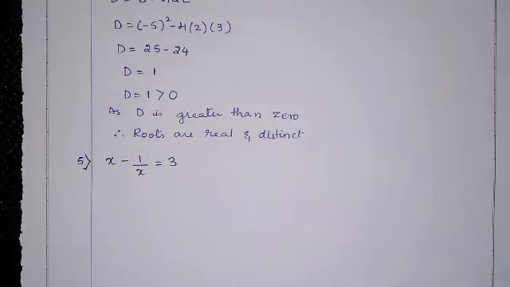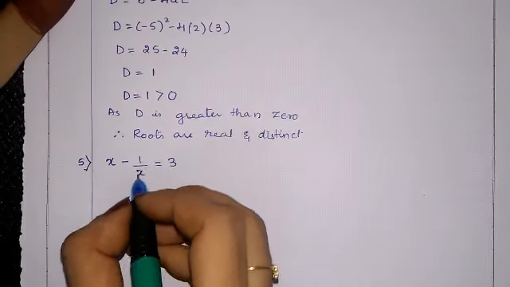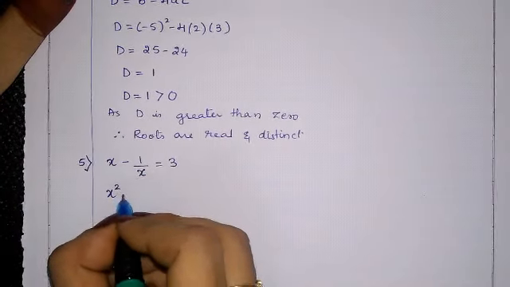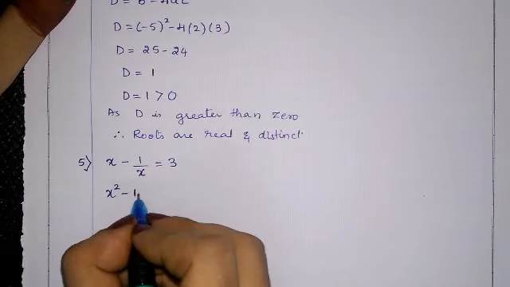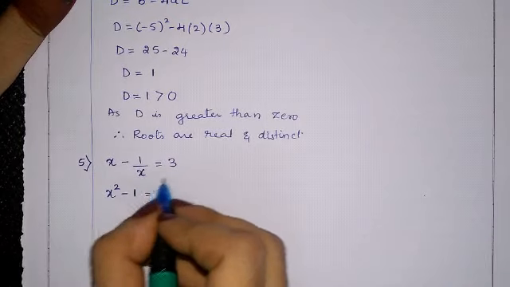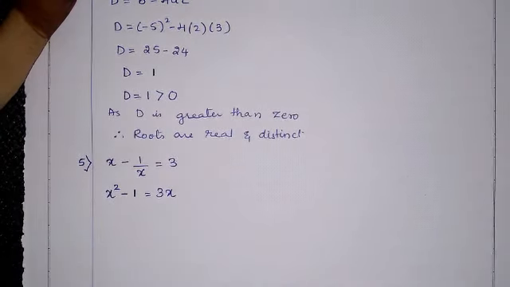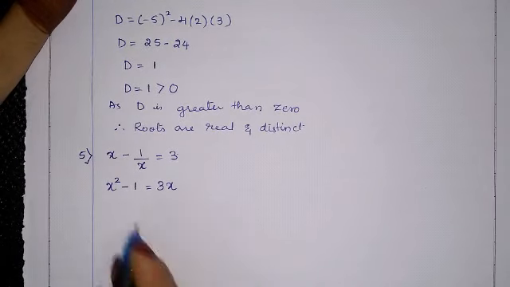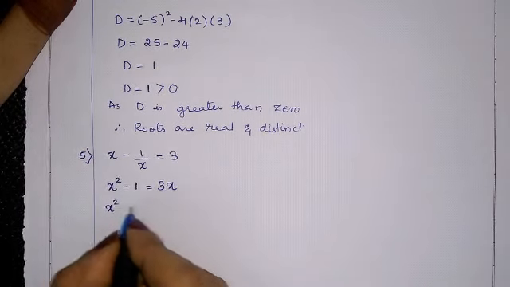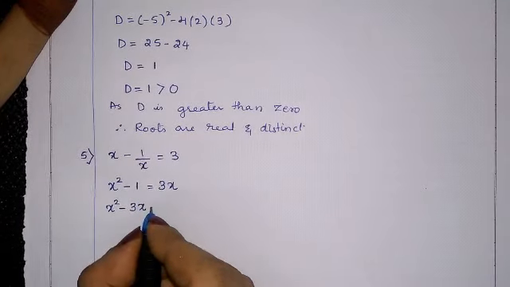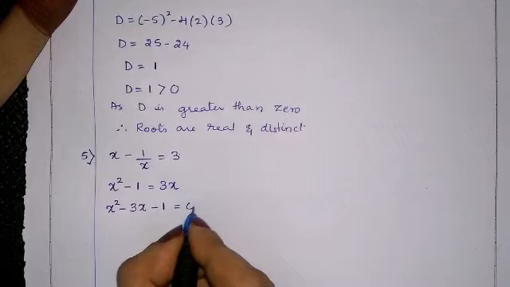So we have to find the roots using formula. First let us multiply this. X into x, x square minus 1 is equal to x into 3, 3x. So let us write in the standard form properly. X square here only, 3x we will bring minus 3x, minus 1 here only equal to 0.